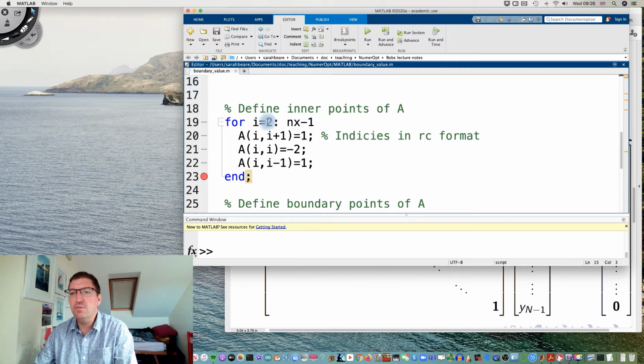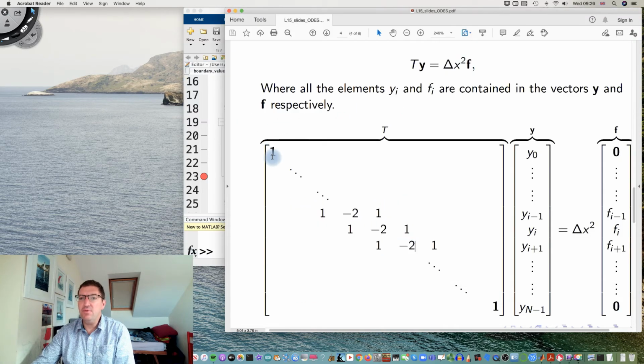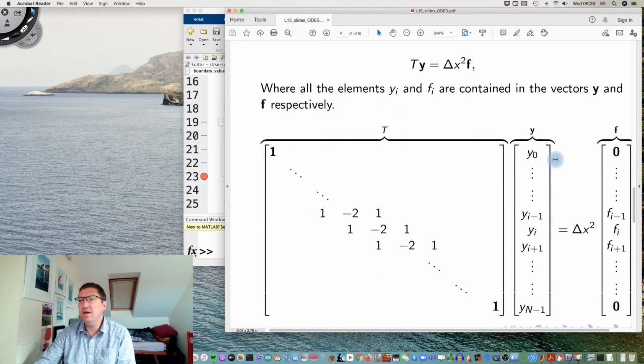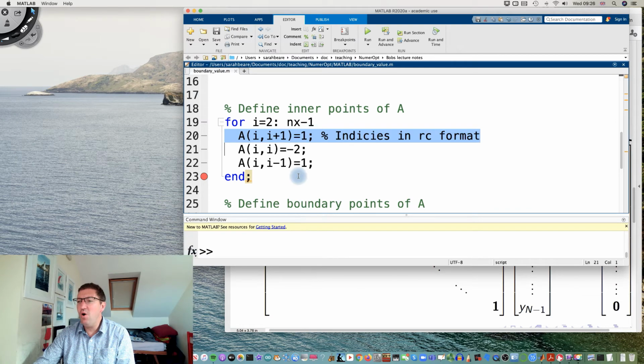All the points run from 1 to nx, but of course the end points are occupied by 1, 1. There's a slight other thing here, which is the indexing. In the way I've written down the method it goes from 0 to n minus 1, but of course the indexing in MATLAB goes from 1 to nx in this case, so you have to make that translation as well, and that's not an uncommon thing to do, so get used to it.